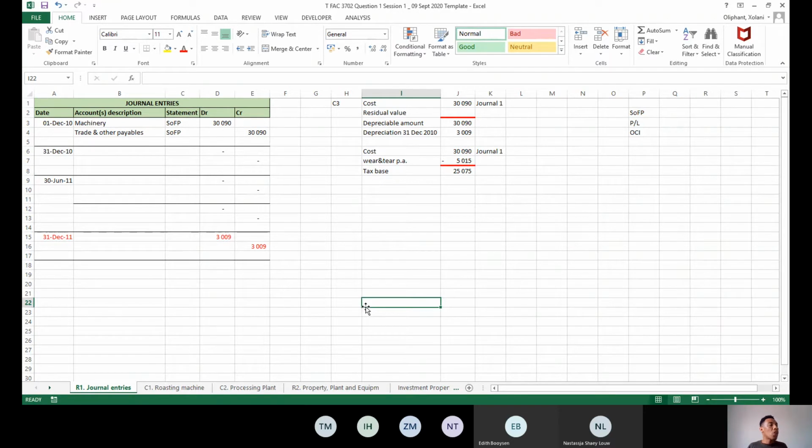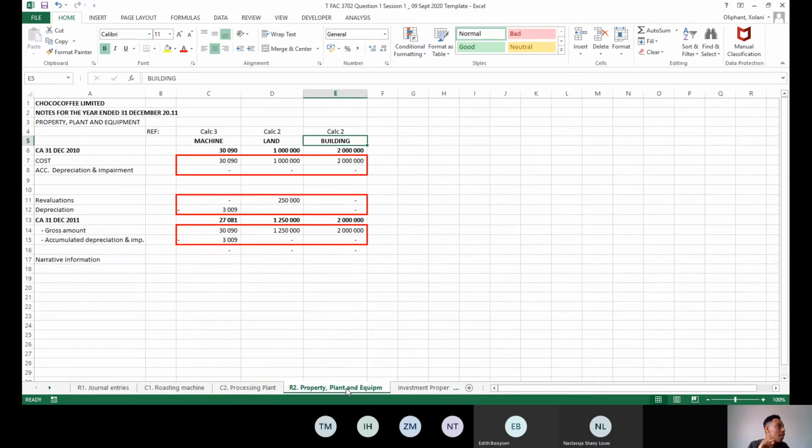Fine. Now I'm going to show you the trick to get marks back. I already have what the cost is on the 1st of December 2010. And there's nothing stopping me from going into my property, plant and equipment note and saying I know what the cost of this item is when I bought it on the 1st of December 2010.